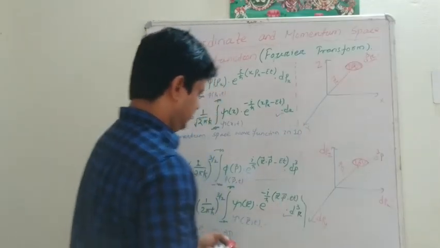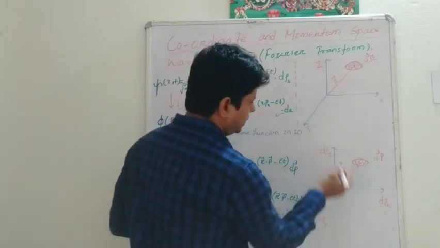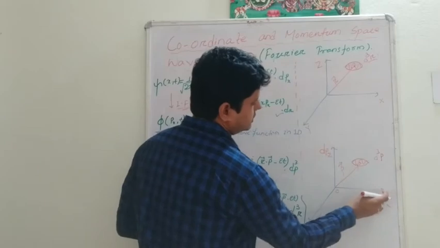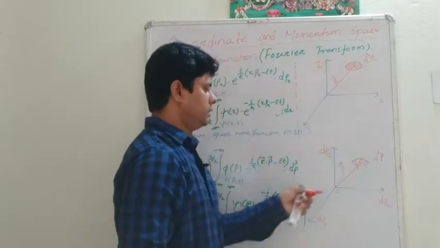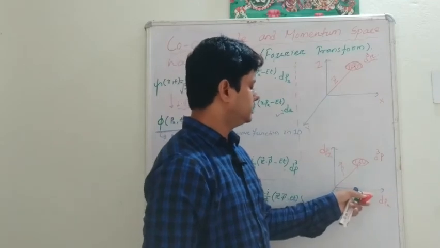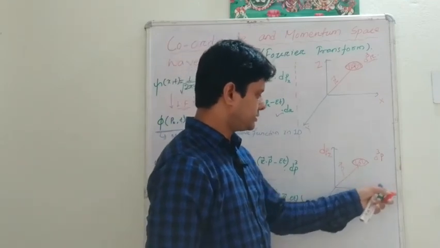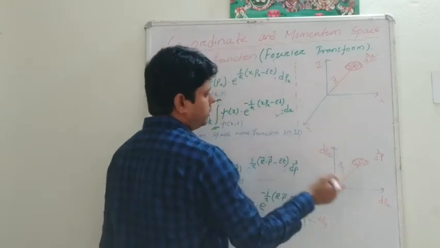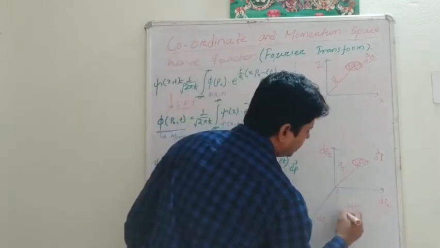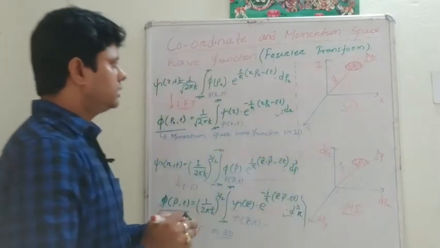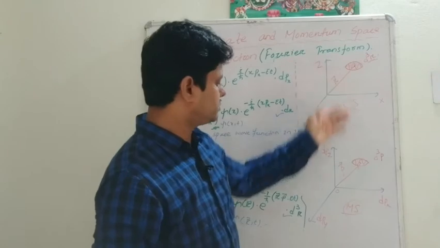So you can follow this one, and the corresponding momentum space. This will be the origin, this is the positive momentum direction along the x-axis, along the y-axis, along the z-axis. So this is your momentum space, this is coordinate space. Here the particle has been represented in coordinate space and momentum space.